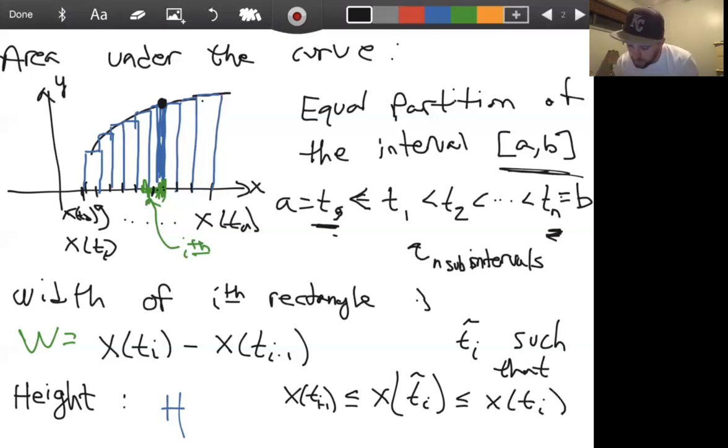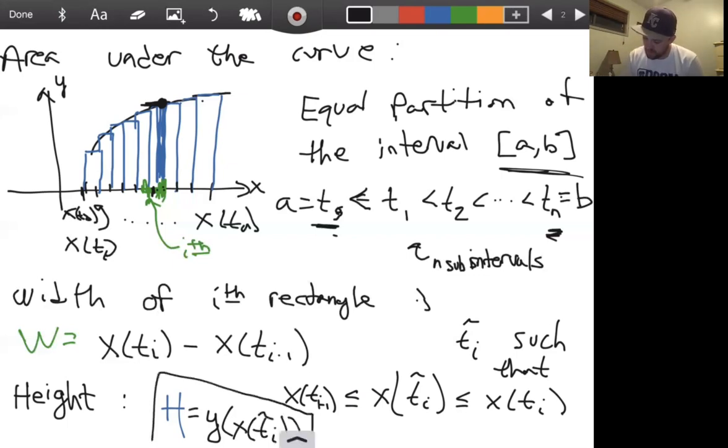So we're picking a point in this interval that represents the height of this rectangle, okay? And so what that means, to get the height of the rectangle, it's y of whatever point we're looking over. And we're looking over the point x of ti tilde.